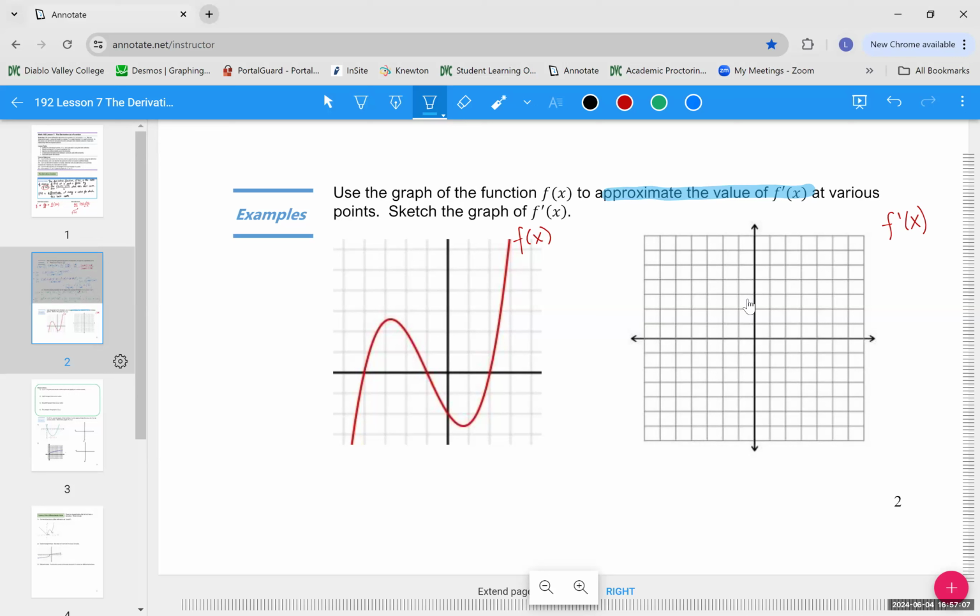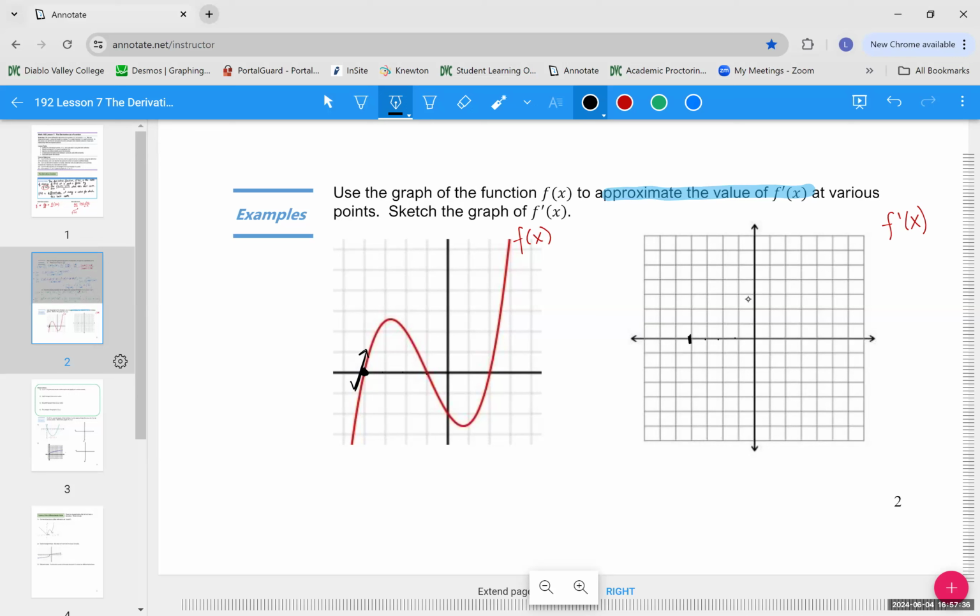So what I'm going to do is come into some places. Maybe I'll pick this x value right here, which is negative 1, 2, 3, 4. That would correspond to this spot here on the derivative graph. And I'm going to try to draw in just a little bit of that tangent line and estimate about what that slope is.